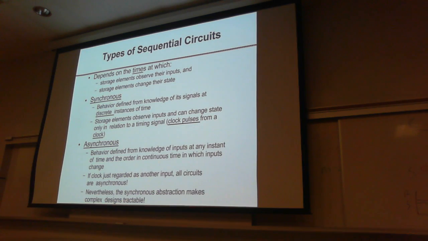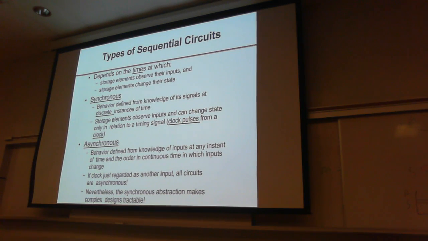So types of sequential storage, we have synchronous and asynchronous. Okay, and it really depends upon when we need to observe their inputs and what time we're looking at those output changes to occur. For the case of synchronous sequential circuits, what we're talking about is those circuits that have discrete definitions at specific time intervals.